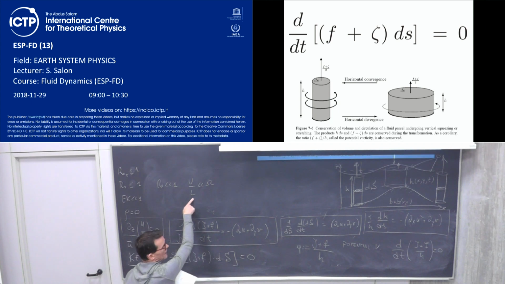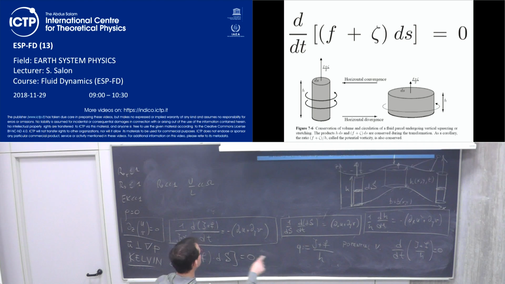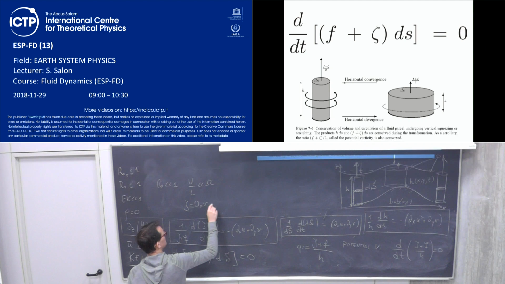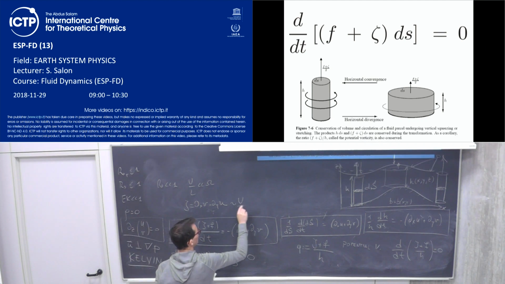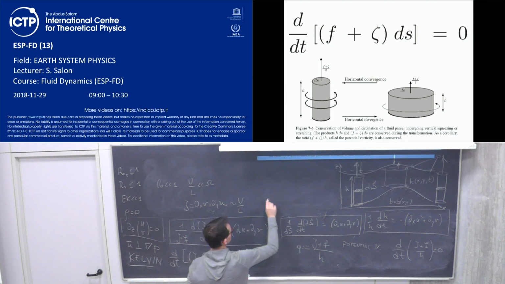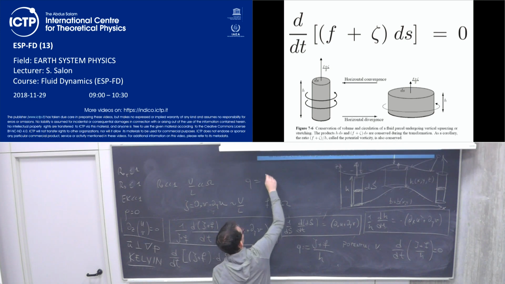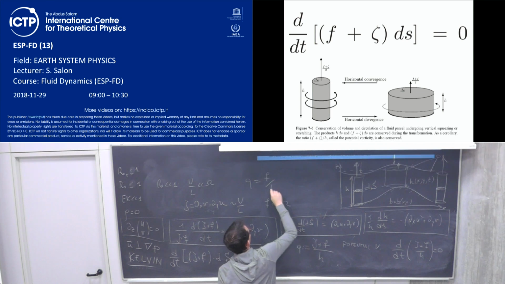So U over L actually is the scale of zeta, because zeta is the x v minus the y u. Okay, so it scales like U over L, while F obviously scales like omega. So when we have Rossby number much smaller than 1, so in some sense we return back to the geostrophic flow, we can say that Q can be simply written like F over H.